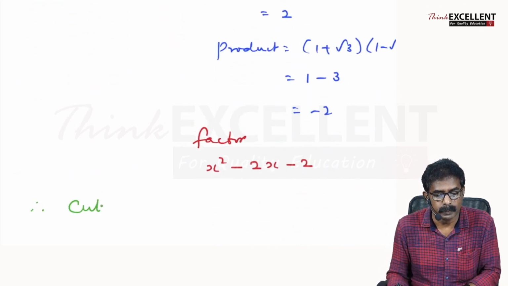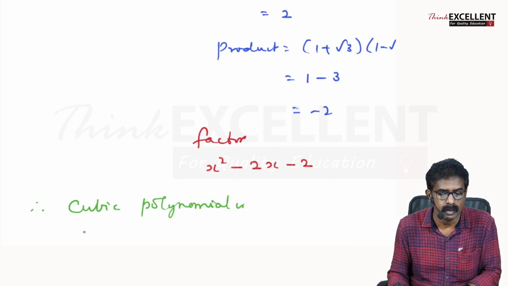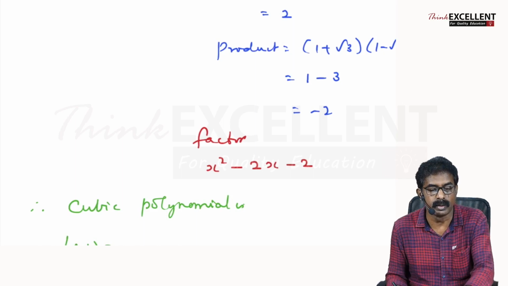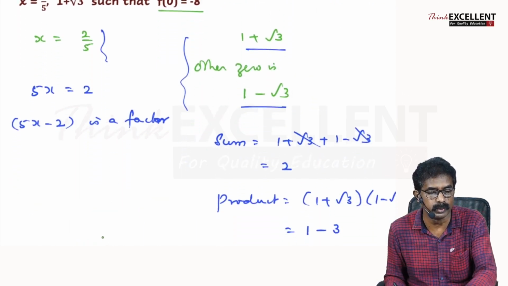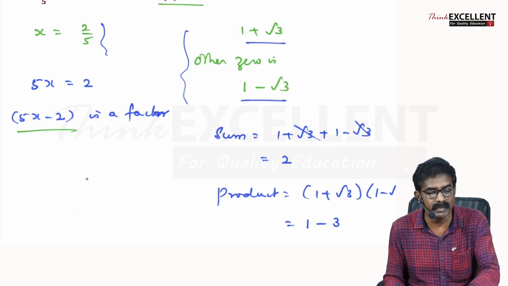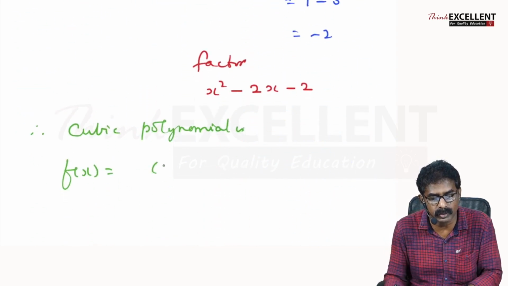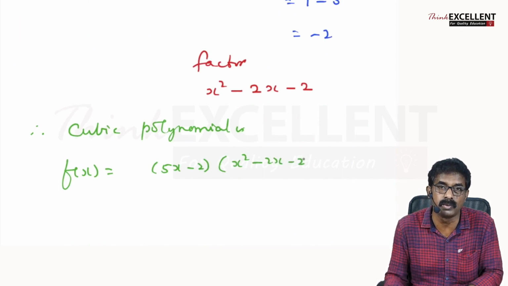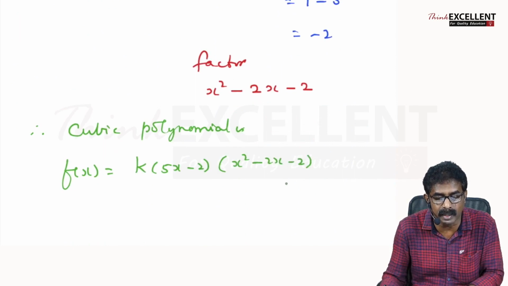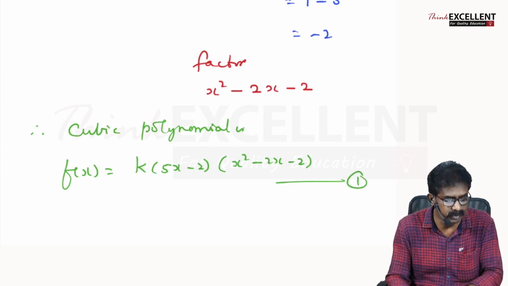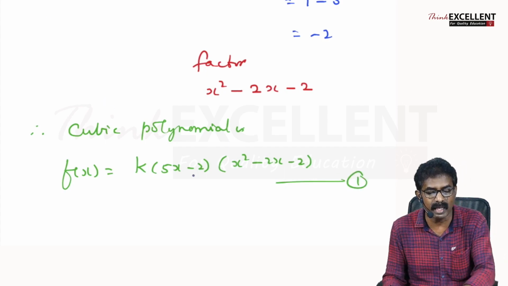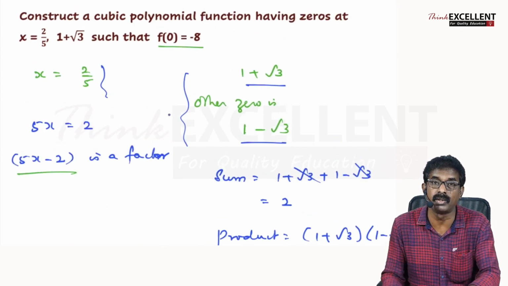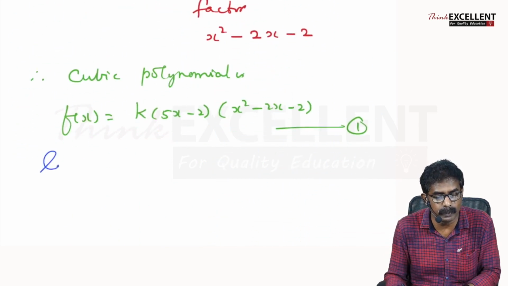So now you can write the cubic polynomial. Therefore, the cubic polynomial is f of x equal to, here they have given the name f of x. Already got one factor, 5x minus 2, and the other factor is x square minus 2x minus 2. In addition to that, a constant k may come. So this is your answer. We have to find that k value. For that, you make use of the condition f of 0 equal to minus 8.